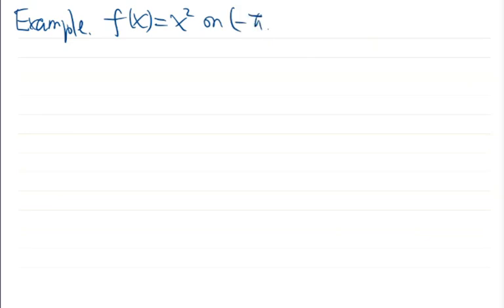Now we consider some example. We consider the function f(x) is x squared for x from minus pi to pi. So f is such a function.